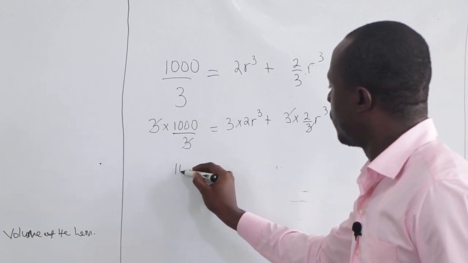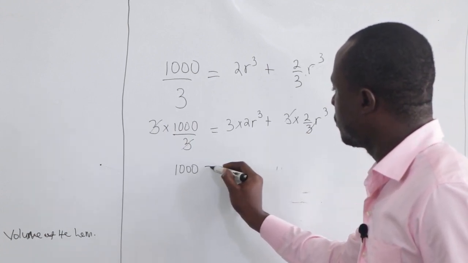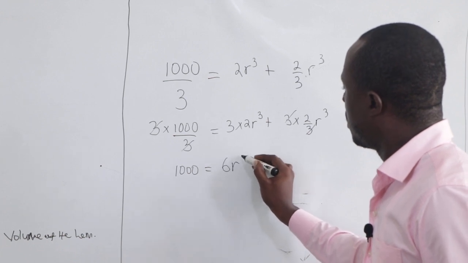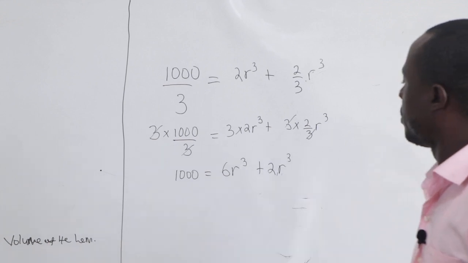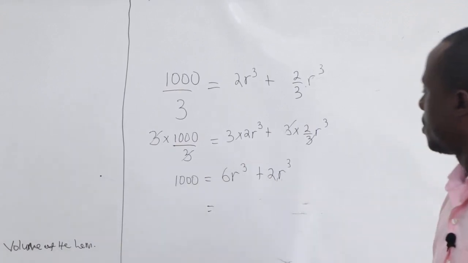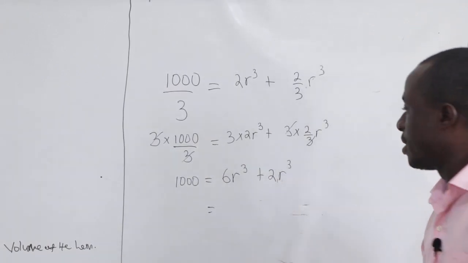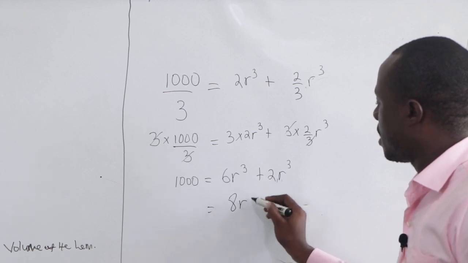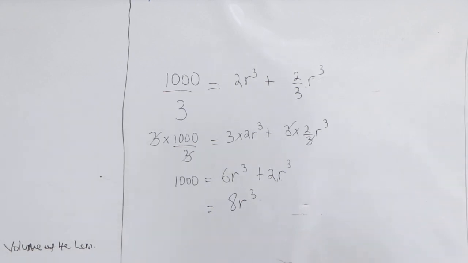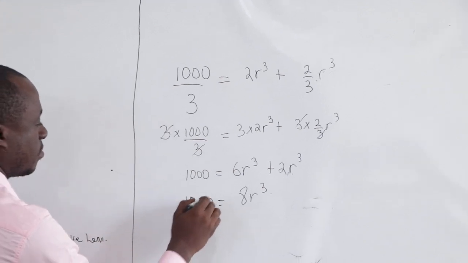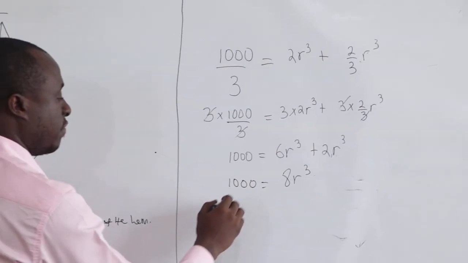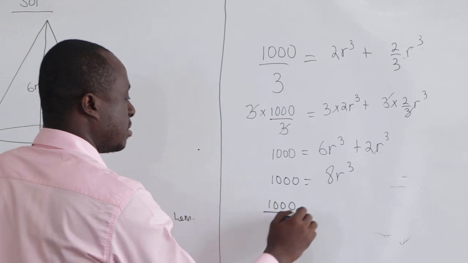So we have 1000 equal to 6r to the power 3 plus 2r to the power 3, and this is giving us 8r to the power 3. And then we have 1000. We want to find r, so we divide both sides by 8.